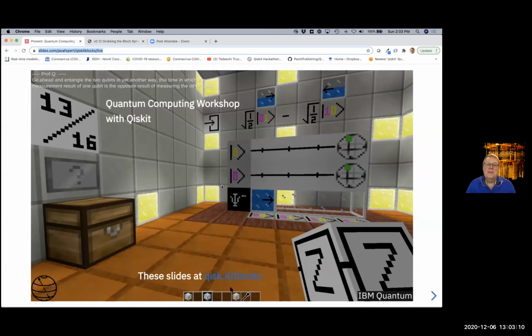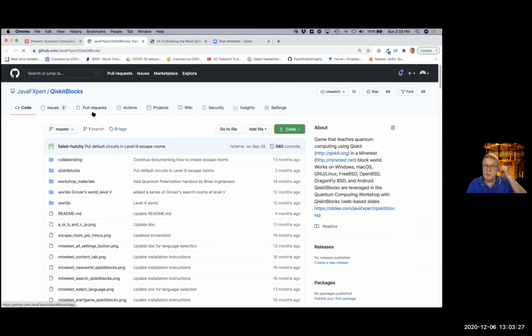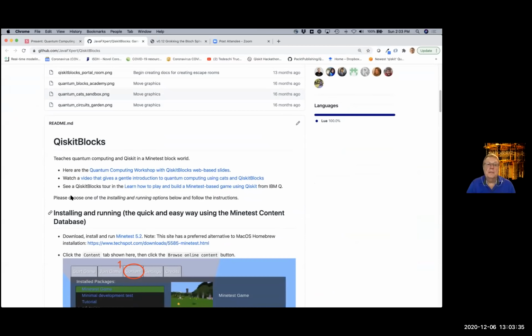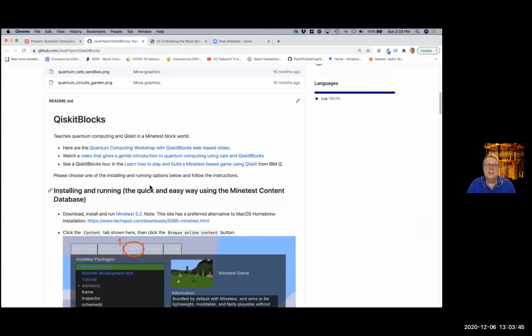These slides are at a link that I believe was given to you all at QxQ.it/blocks. If you go to that link, you'll see my GitHub repository for the code for QxQ blocks, and it also shows you how to install and run it. There's also a nice video in which I give an almost hour-long presentation on quantum computing and QxQ blocks.